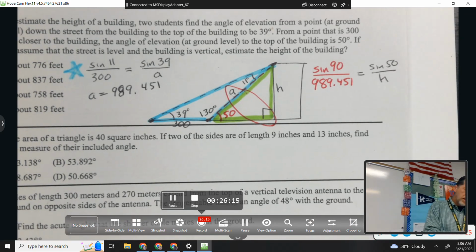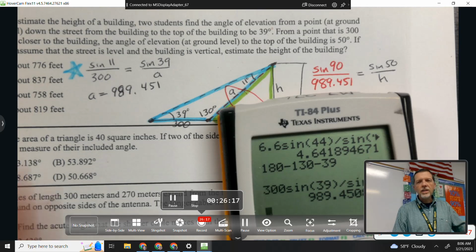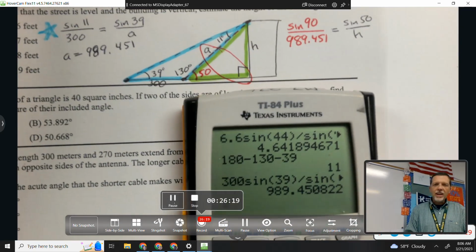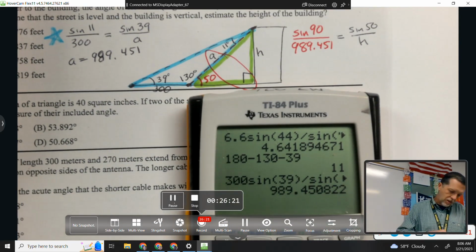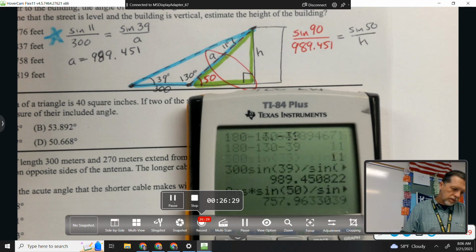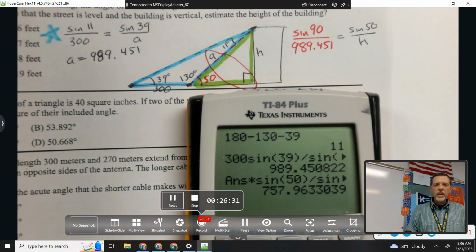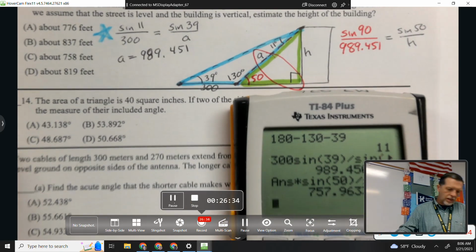And speaking of rounding, I don't have to round because I can leave that 989 in my calculator and do times sine of 50 divided by sine of 90. 758. Is that an answer choice? Yes, it is.